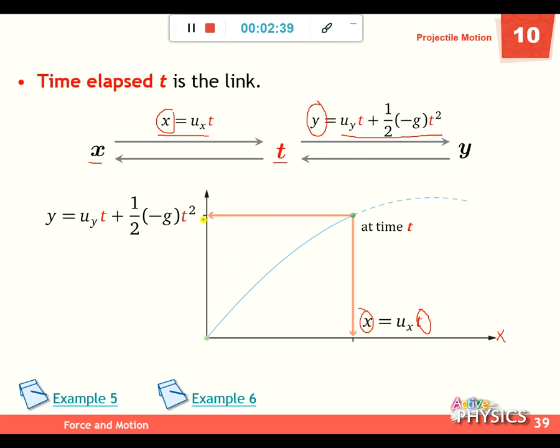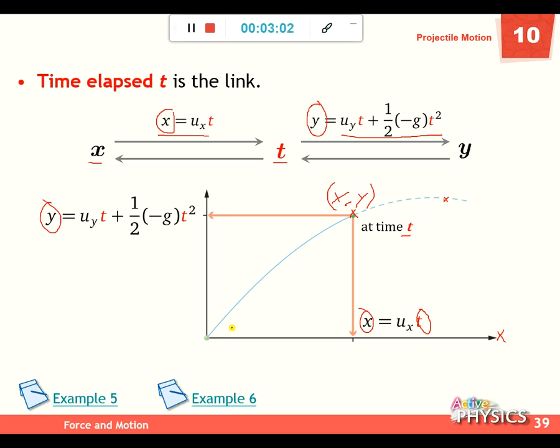If you know the time in vertical, you also get y. You can get x and y, then you can get this coordinate at a certain time. If you know all the times and all the positions, you can link them up, then you can find the path, the trajectory of it.